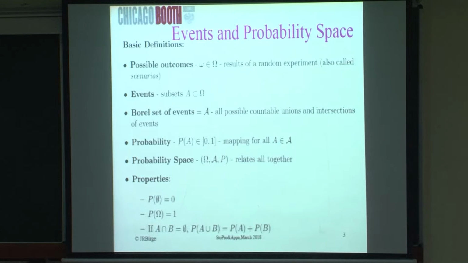All those things are represented in omega. Again, it's not a number. It's just representing possible outcomes. I represent those possible outcomes as part of this space, so the big omega is the space of all the possible outcomes.